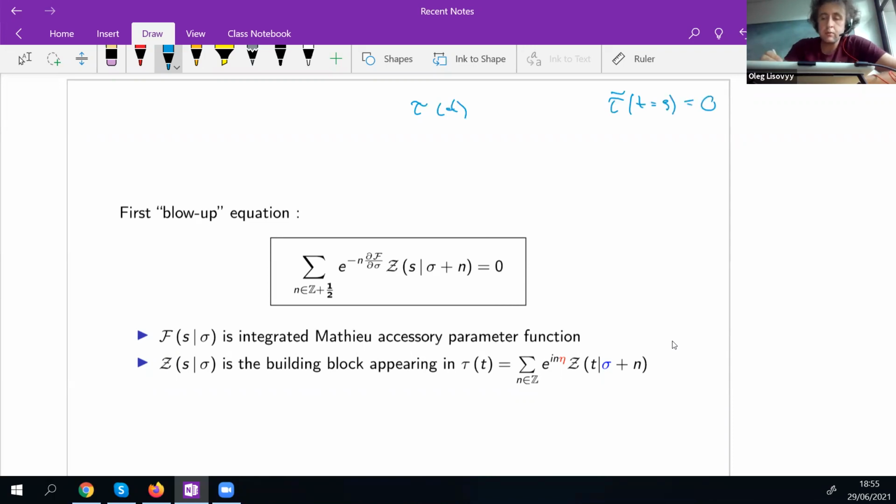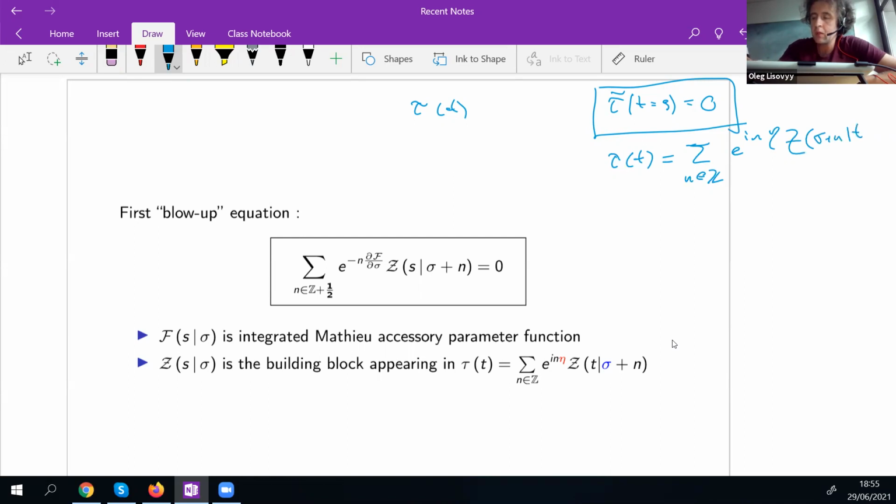So let us write this equation using the Fourier transform formula that we had. Recall that we had the tau function given by a Fourier transform of the C equal to 1 conformal block, Z of sigma plus n, t.